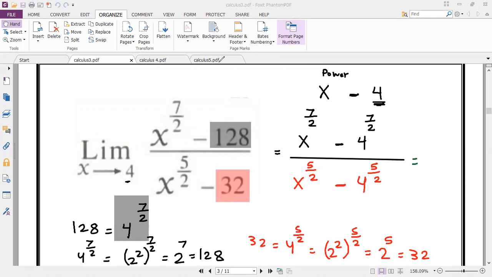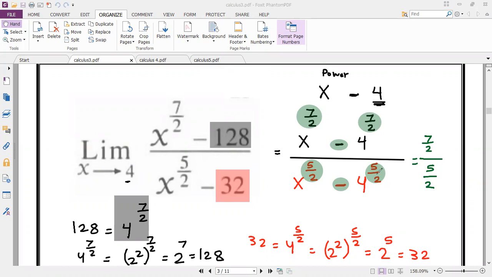Because we have here 7 over 2 and here 7 over 2, and we have a negative between them, and down at the bottom the power is the same as the power, and we have a negative between them. So you will divide the power by the power: 7 over 2 divided by 5 over 2.